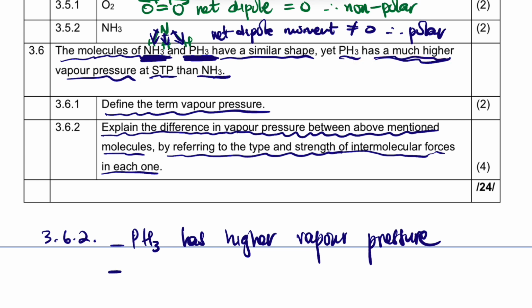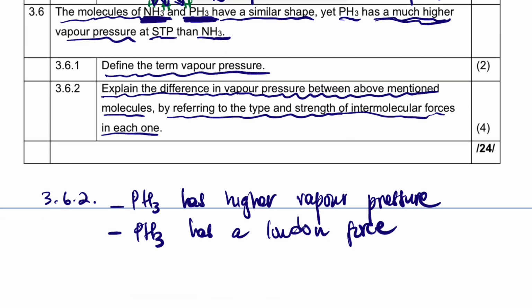Okay, I don't think that should be a mark because it's mentioned in the statement. Now the next thing that you need to do, you need to state their intermolecular force. You say the PH3 has a London force. And then the next thing you talk about the NH3, this one is a London, guys.